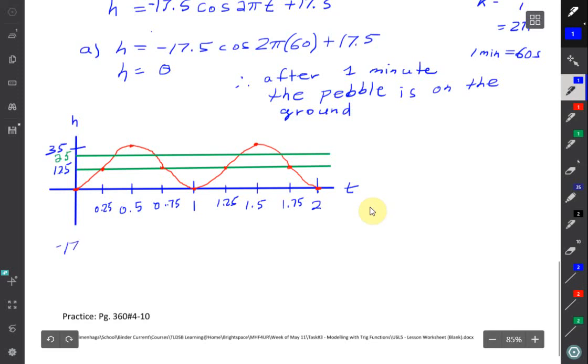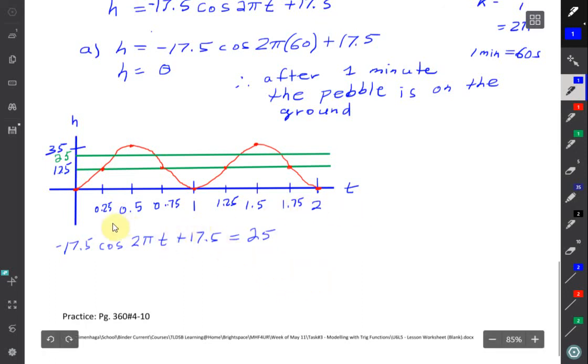Minus 17.5 cos 2 pi t plus 17.5 is equal to 25. So right now we want to know when this is equal to 25, and we're looking for the value of t that gives us that.